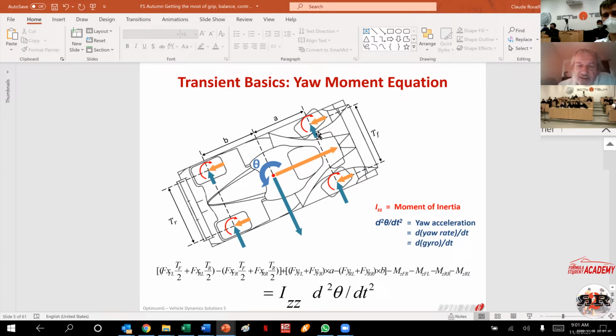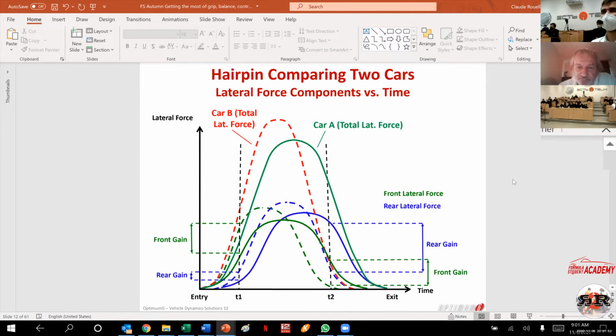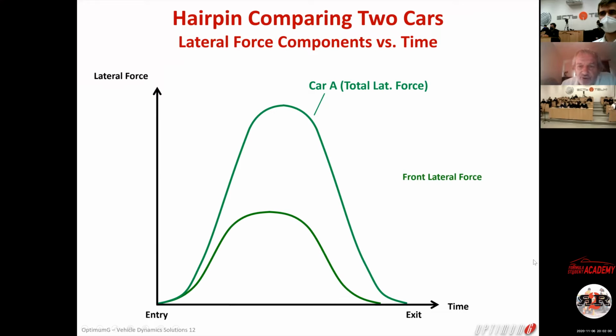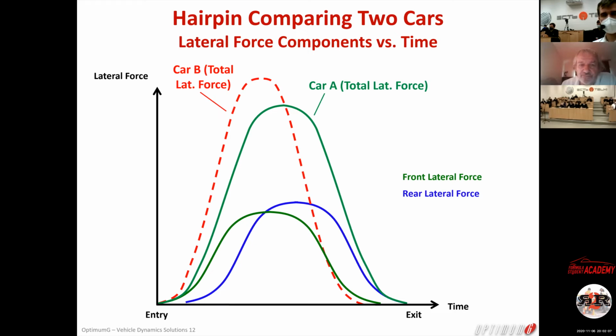So if you want more yaw moment, you need more blue force on the front or less blue force on the rear. You add the lateral force like this on the front and on the rear. And that was the total.